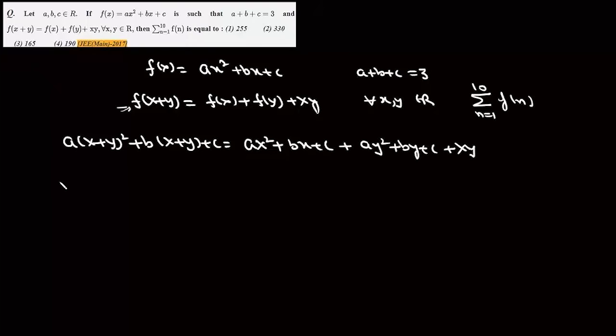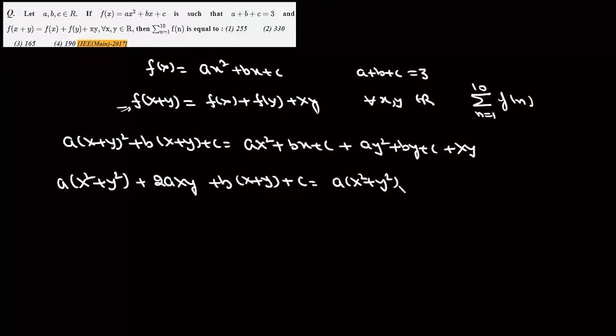Now we can write this as a x square plus y square plus 2axy plus b x plus y plus c, and it will be equal to a x square plus y square plus xy plus b x plus y plus 2c.